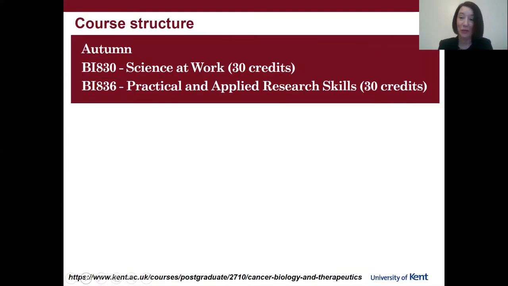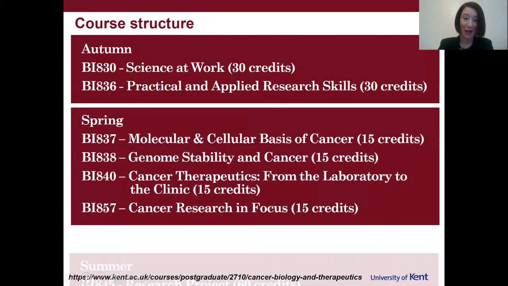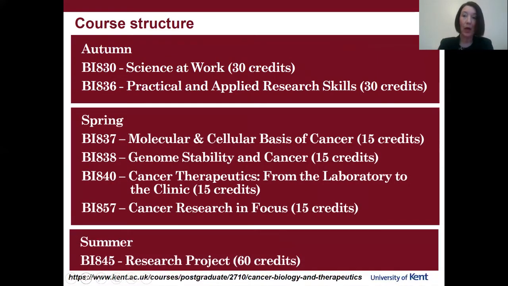So now I'd like to move on to the course structure. The course runs over 3 terms: autumn, spring, and summer. It can be taken 2 ways, first of all as a 1-year course, but also part-time as a 2-year course.